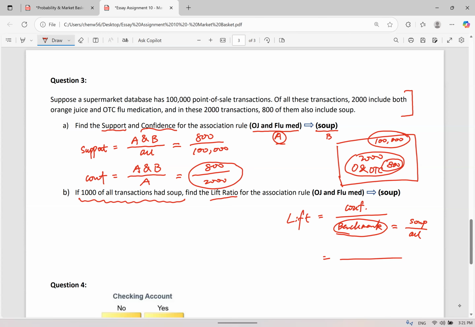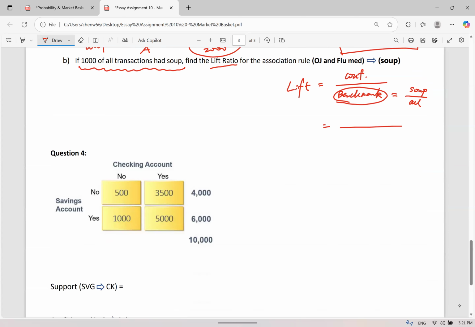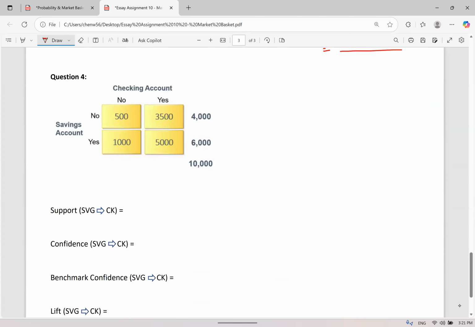So once you have the benchmark confidence, you use the confidence divided by the benchmark confidence, and you have the lift ratio. We can also further decide whether they have any association. So I'll leave this question to you.